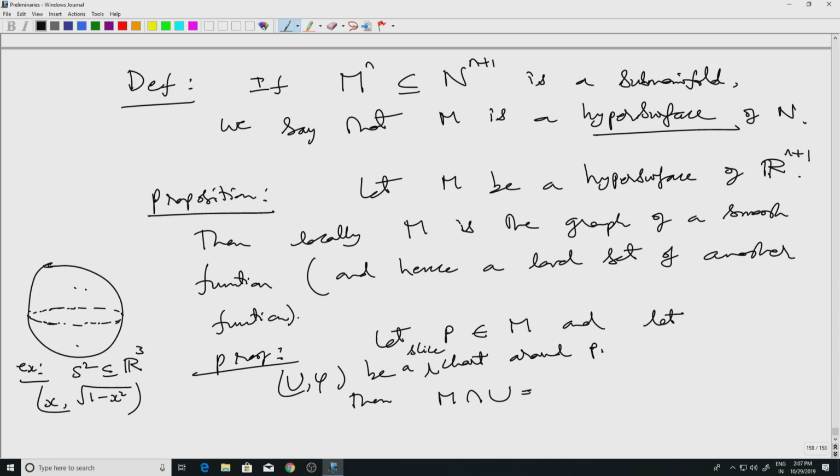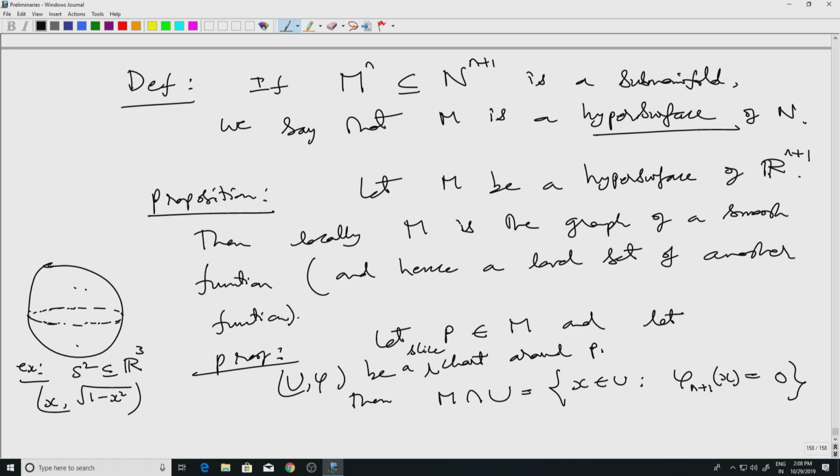So it's the set of all x in U such that phi^(n+1)(x) equals 0, because phi is a diffeomorphism.